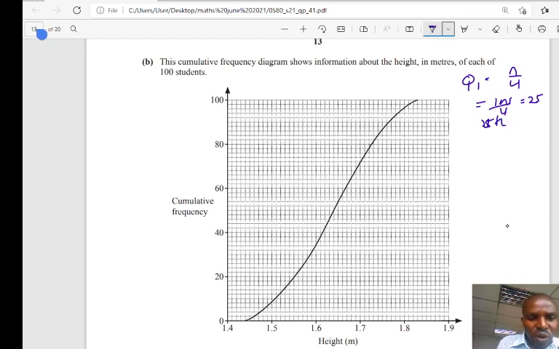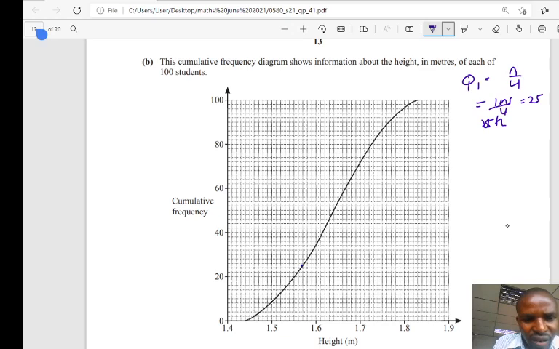So you come here on the vertical axis, 25. On the vertical, 0 to 20 is 20. Then 20 divided by the number of boxes, there are 10. 20 divided by 10 is 2. So each small box represents 2 units, which means 25 here: 20, 22, 24, 25.